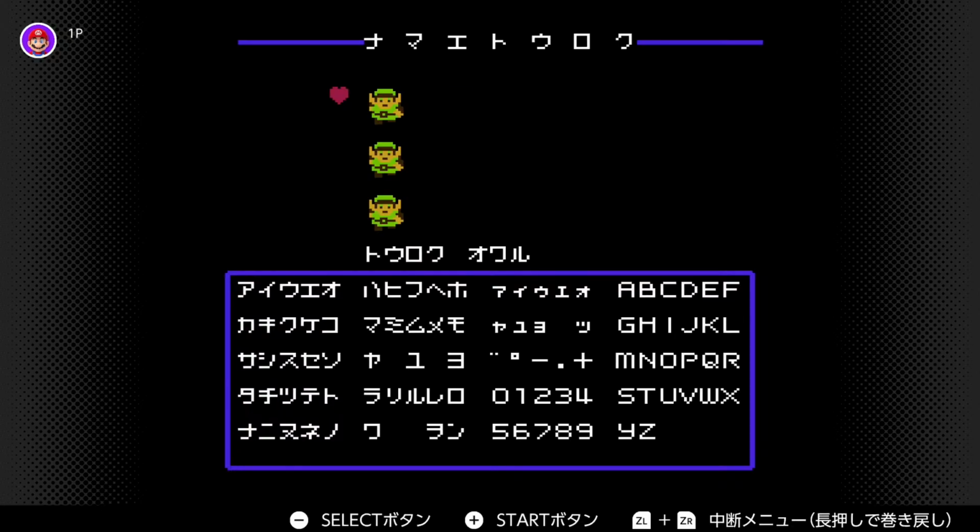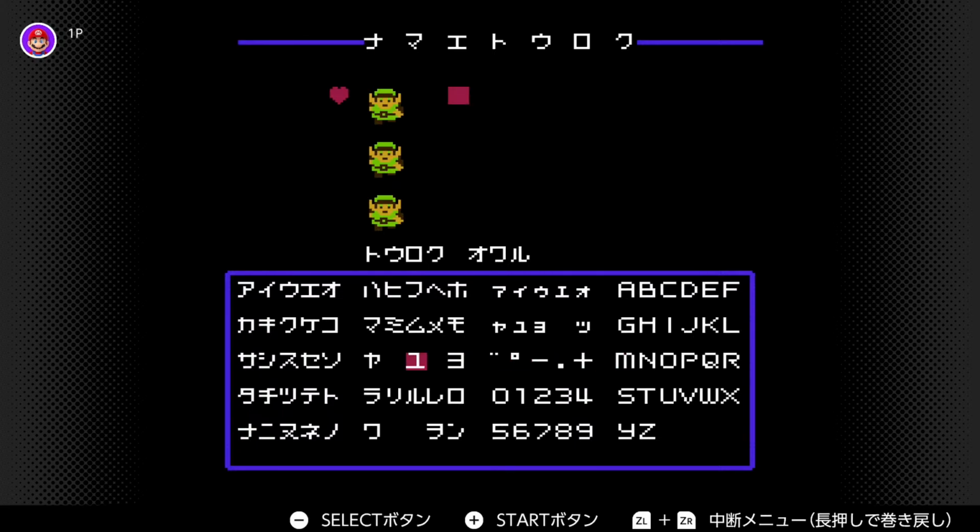Aiueo, kakikukeko, sashisuseso, tachitsuteto, naninuneno, hahifuheho, mamimumemo, yayuyo, rarirurero, wa, o, wo, and then also small aiueo, yayuyo, small tsu, dakuten, handakuten, the long vowel mark, and then some symbols, a dot, a plus, then our numbers, and then our alphabet.